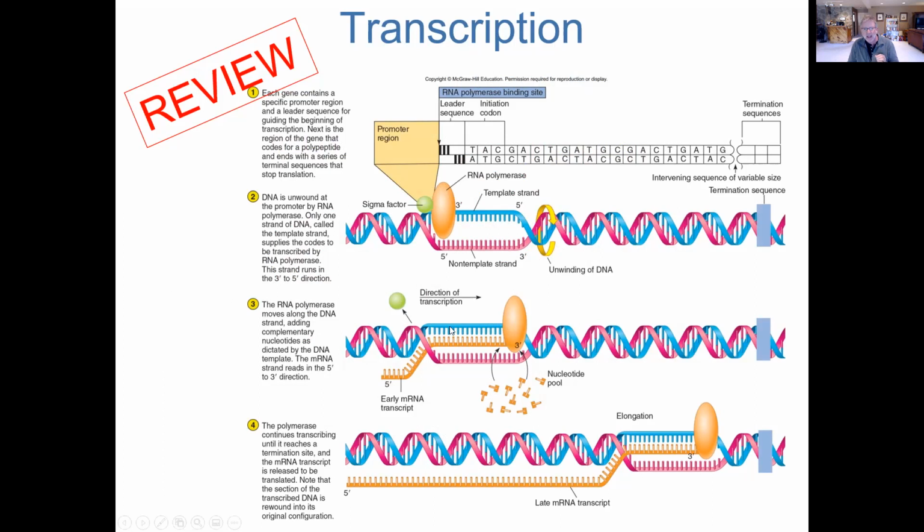Now, just as quickly as the hydrogen bonds form between the DNA and the RNA nucleotides, they break as this enzyme moves along. The messenger RNA folds off to the side, and the bonds that were formed temporarily break, and the original DNA bases come back together. We reestablish the hydrogen bonds, right?